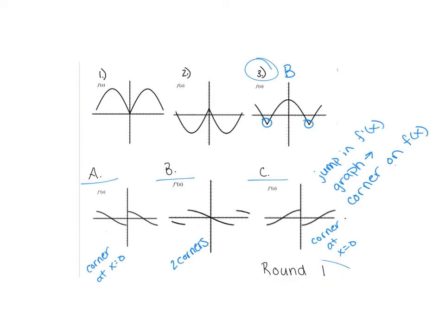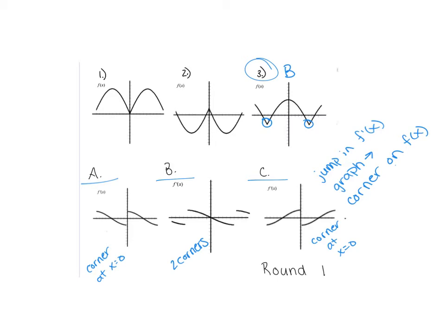So what I'm going to look at next are the positive and negative regions of my derivatives. One thing that we talked about in class is if the derivative is negative, the original function must be decreasing, and if the derivative is positive, then the original graph must be increasing.